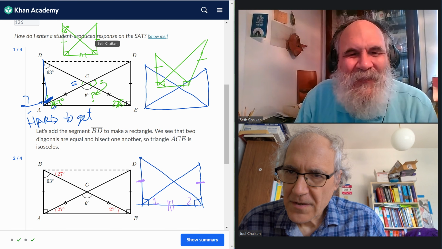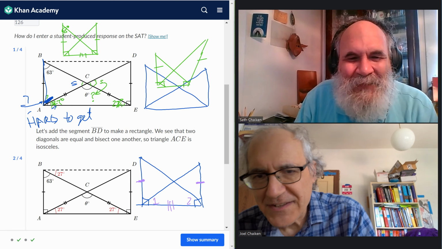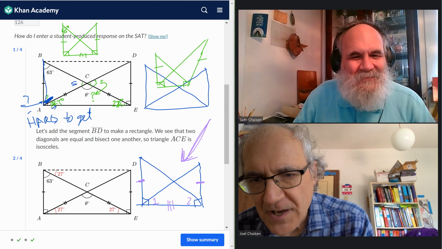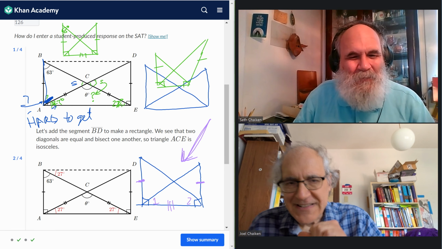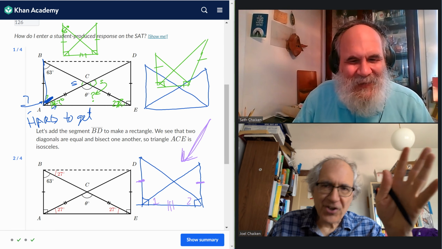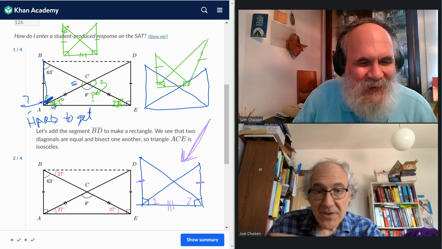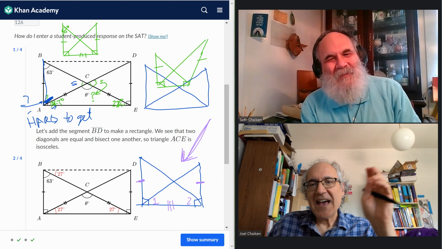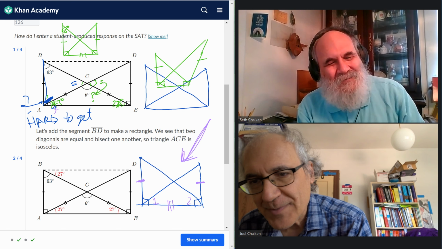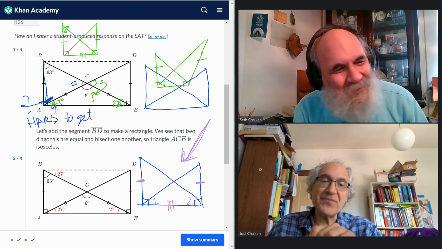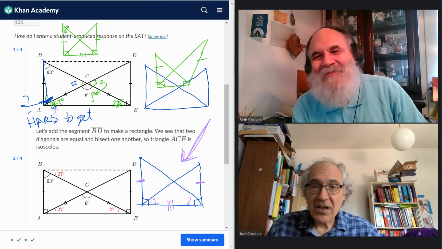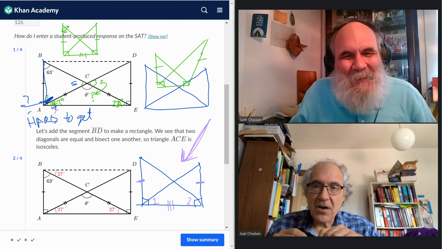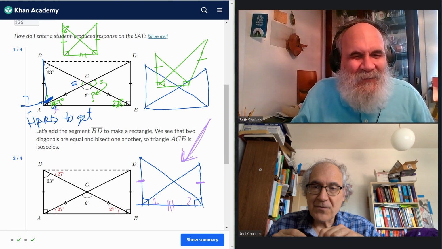I think this would have been the better way of doing it, because this would have forced you to justify that angle 1 and angle 2 are equal, as opposed to what I said, that it looked that way, which was completely wrong. If you were in a real geometry class and you said, "Oh, this is 27 because it looks that way," and it's your gut feeling, like I did, wrong. So I got the right answer, but I got it for the wrong reason.